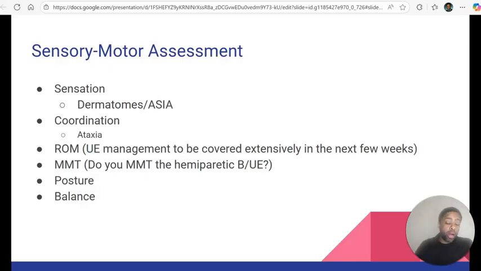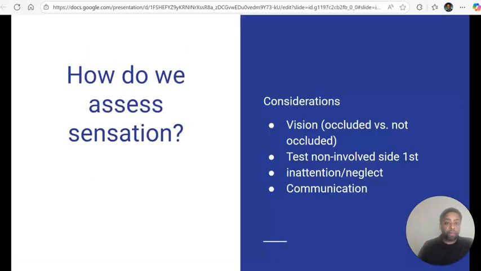Certainly, we want to look at posture. We'll look at neck posture, trunk posture, sitting balance, and standing balance. Those are things that we will incorporate within our assessments to have a better understanding of the person's capacity to engage in the things that they need to engage in.